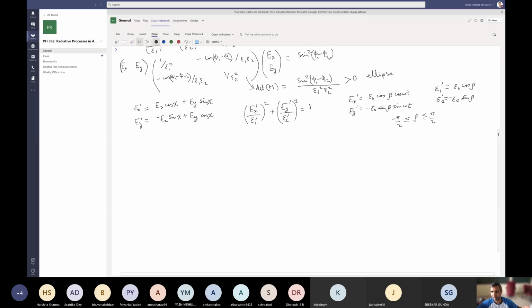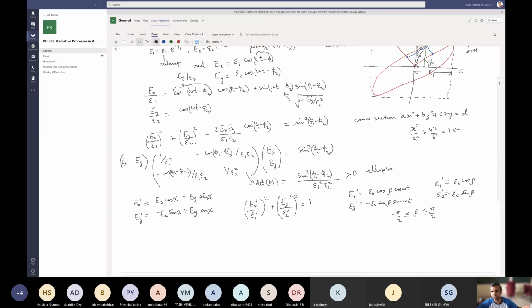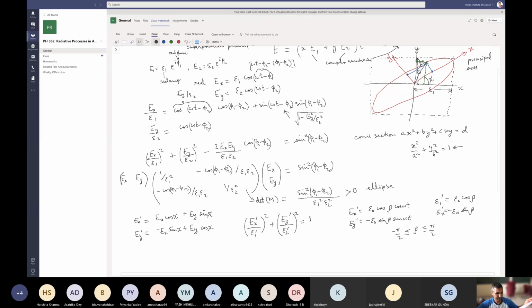So let me go back to the figure a bit. This figure is important. Let me use a different color, red. So this is epsilon naught cos beta.